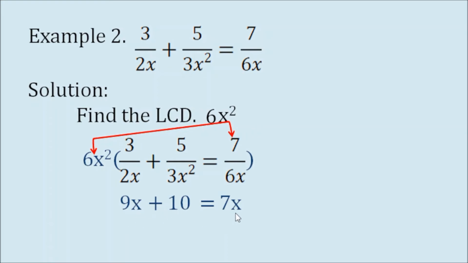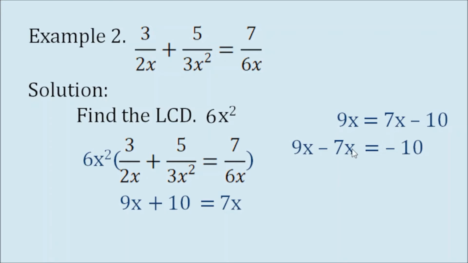It's a linear equation. We are going to isolate the constant on the right hand side of our equation and all those terms with variables on the left hand side of the equation. So first we are going to subtract 10 from both sides. We have 9x equals 7x minus 10, and then we are also going to subtract 7x from both sides of the equation.